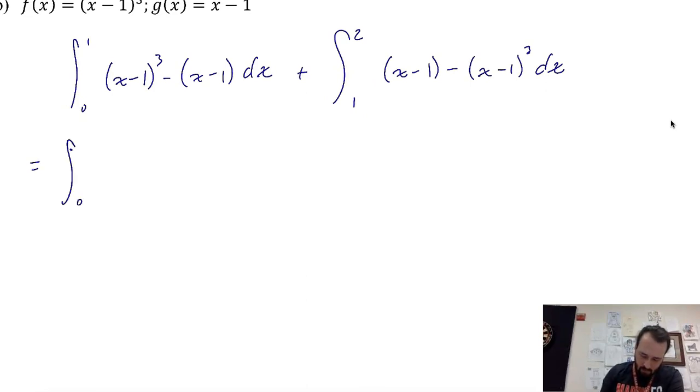So let's see, I have it from 0 to 1. This would be x to the third minus 2x squared. Nope, that would be a 3. 1, 3, 3, 1.